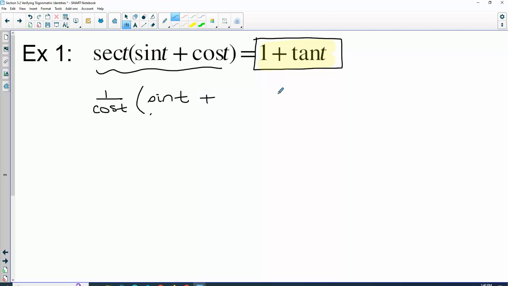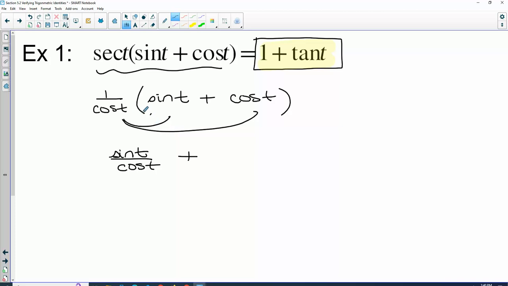And the inside is already sines and cosines. We are going to distribute. So when I take 1 over cosine times sine, it just turns into sine t over cosine t. When I take 1 over cosine times cosine, that turns into cosine t over cosine t.